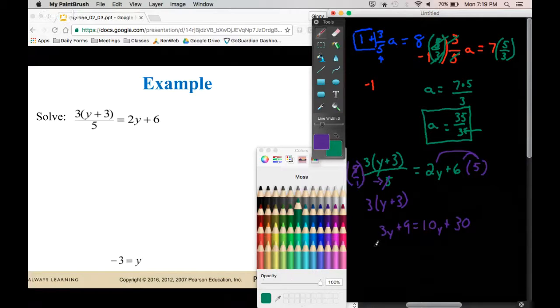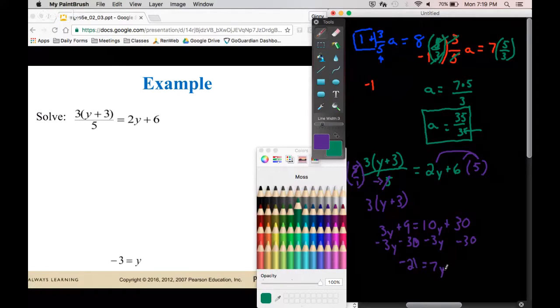You're going to want to subtract the 3y from both sides to keep your variable a positive number, and that would leave you with a positive 7y. Subtract the 30 from both sides. That's going to leave you with a negative 21.